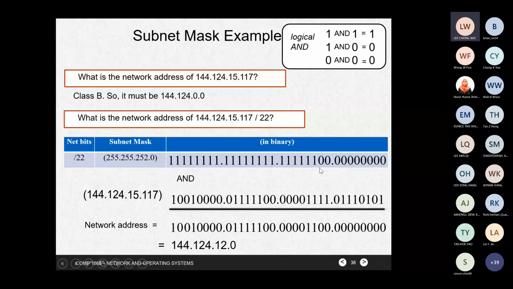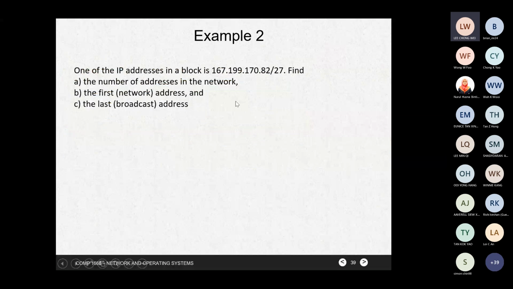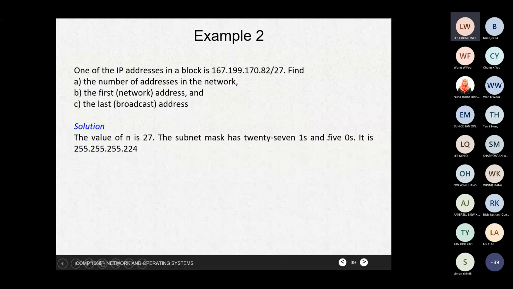And then there are all zeros out of 32. So 27 means put 27 ones and the rest all zeros. Total should be 32. So if you calculate, you will get the IP address for the subnet mask 255.255.255.224.